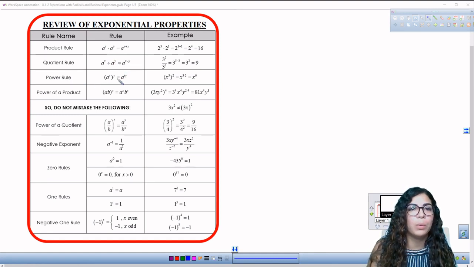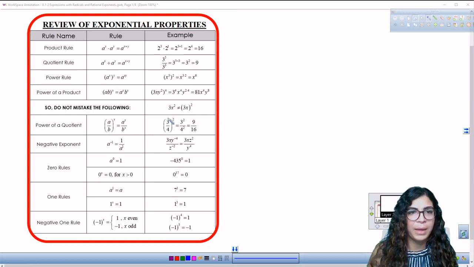Now, the power rule is when you have a power next to a power. So you have something that has a power, and then you have a power on top of that. You would multiply the powers together. And then the power of a product just means that if you have multiple things multiplying together, or even dividing, the power of a quotient also works.